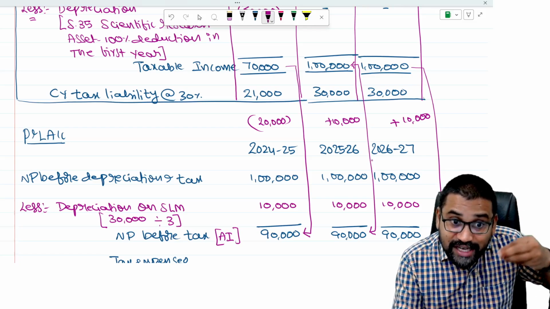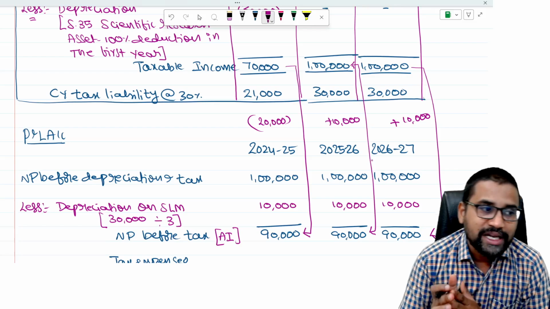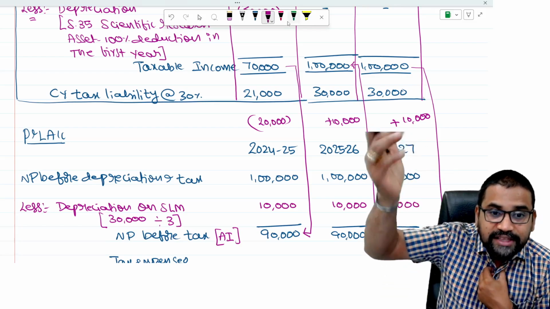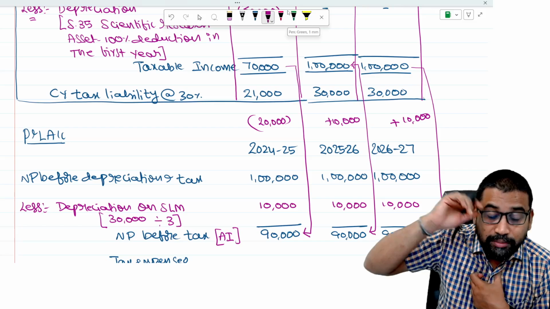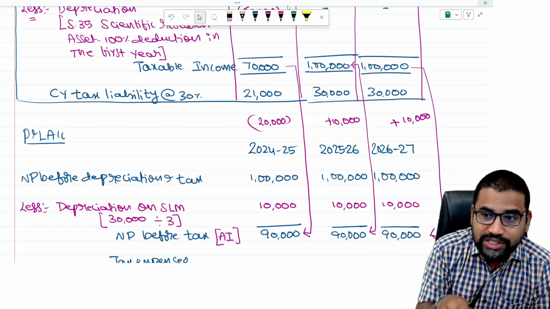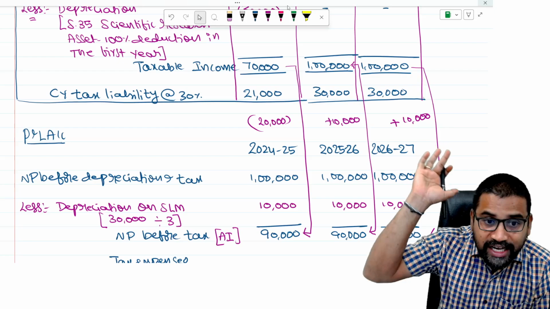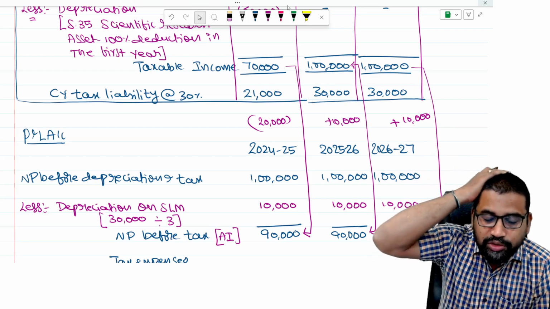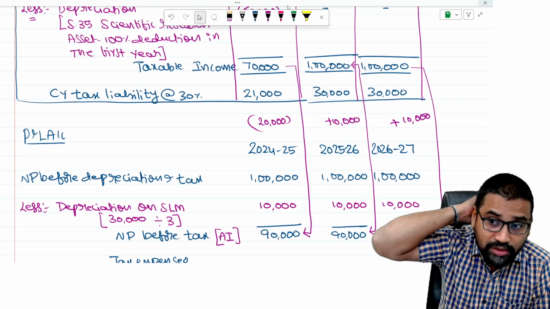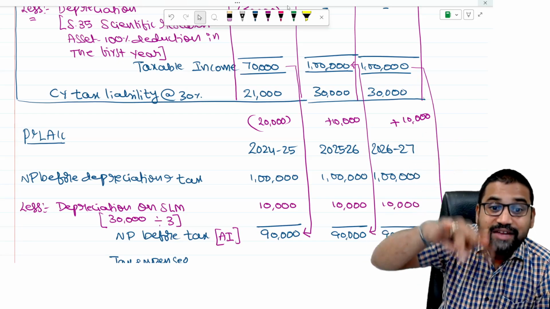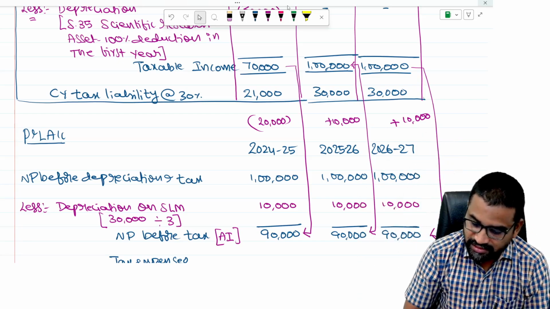In income tax, the entire 30,000 depreciation was taken in the first year, but in the P&L account we took only 10,000. In the second year you take no depreciation in income tax, but you take depreciation of 10,000 as per the P&L account. So the difference of the first year is reversing in the coming years.